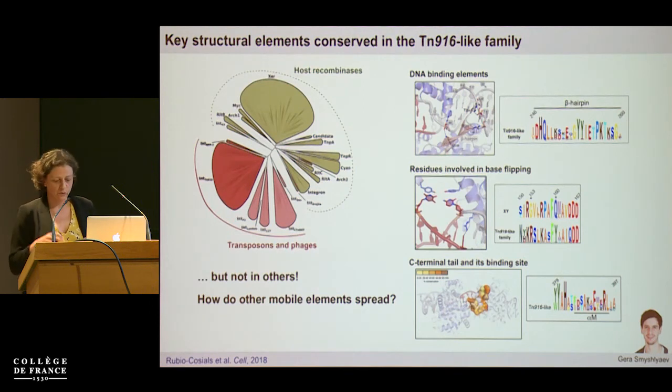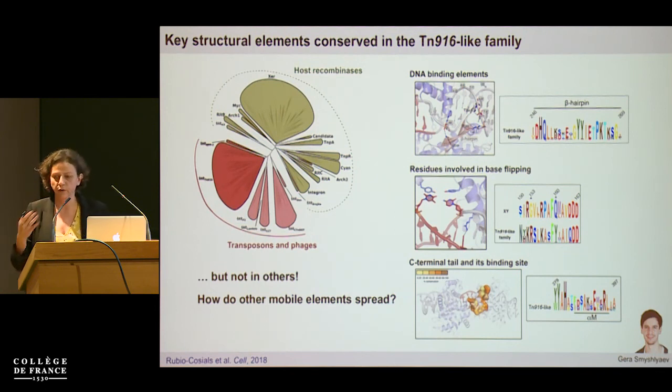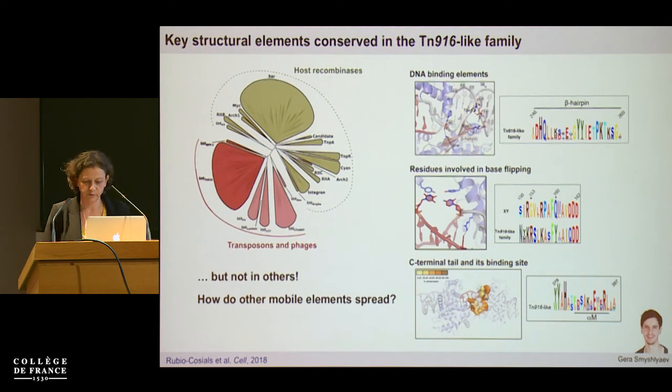So we reached back to our phylogenetic analysis and looked at whether key structural features that we find to be important for the mechanism of Tn1549 are conserved across the family. And in fact, what you see here is that both DNA binding elements and the residues involved in base flipping and DNA melting, and also the autoinhibitory interactions, seem to be conserved across this family.